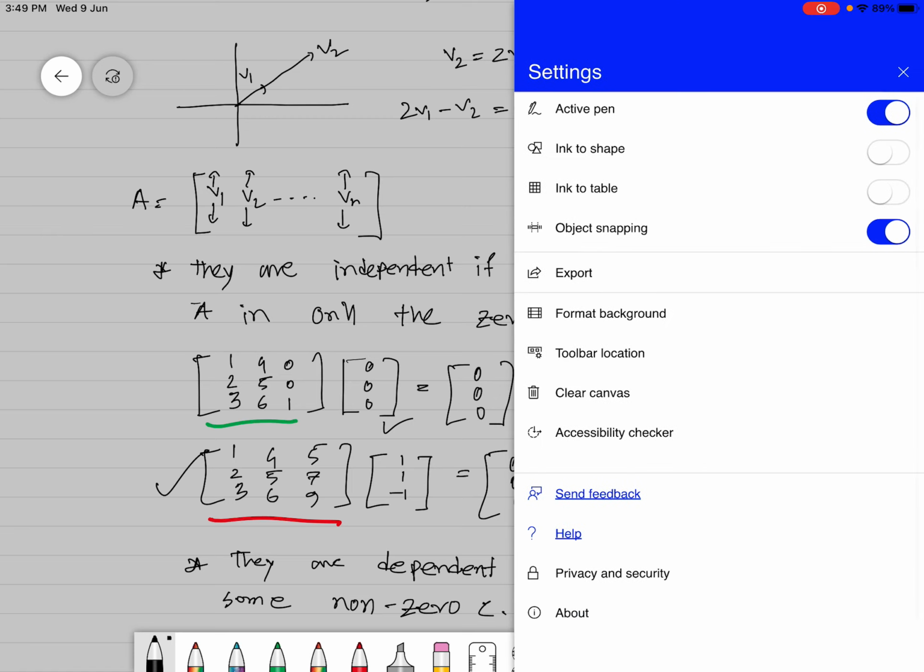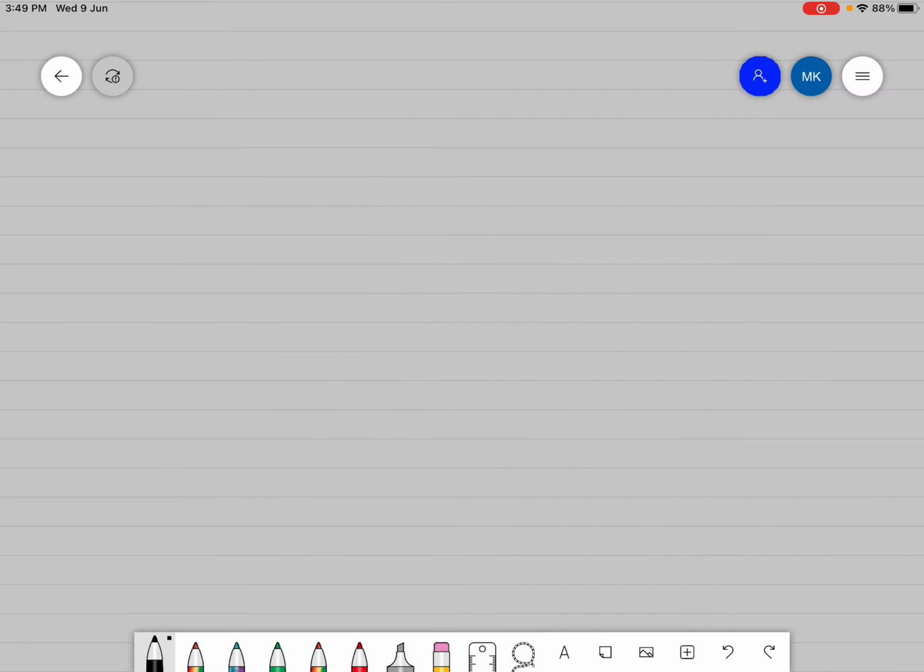Okay, so now we'll see what a basis is. We have to know about basis, but before that we need to know about a span. So we already know about a span, right?